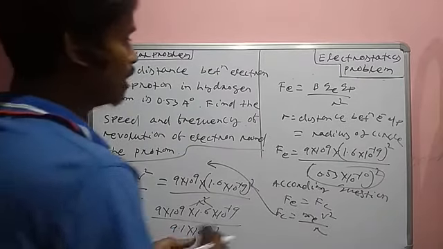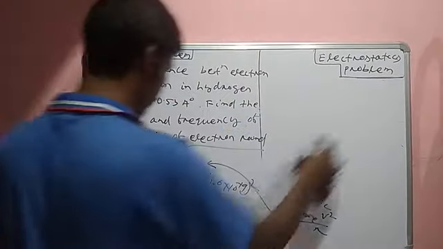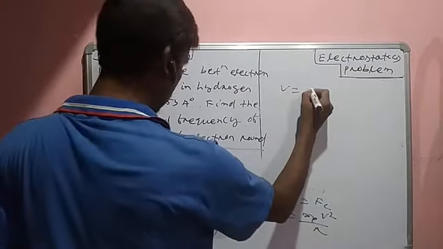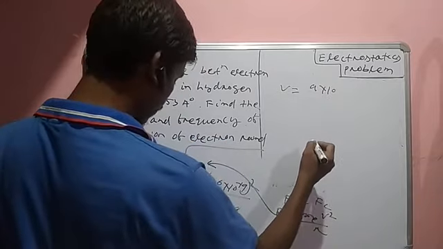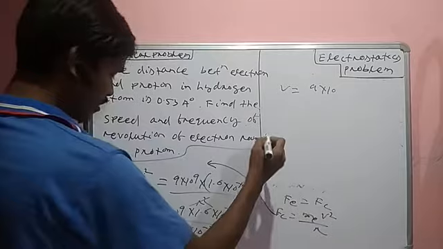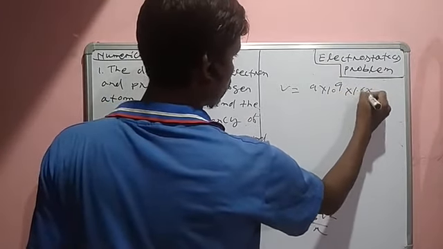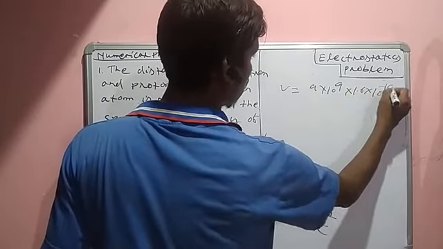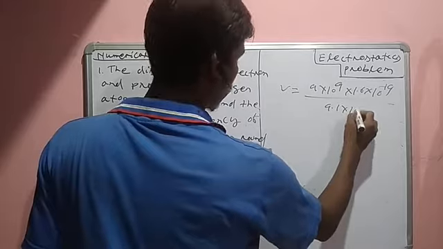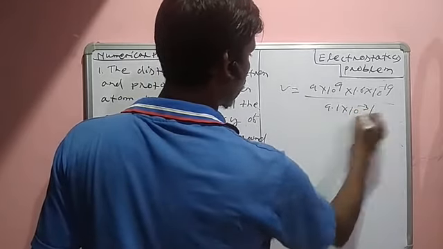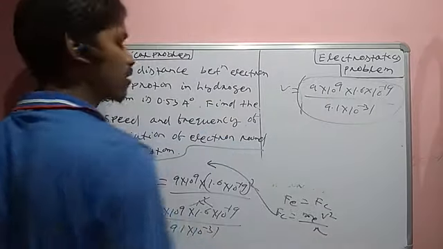So finally v is the square root of 9 into 10 to the 9 into 1.6 into 10 to the minus 19 square divided by 9.1 into 10 to the minus 31. This is the speed of the electron.